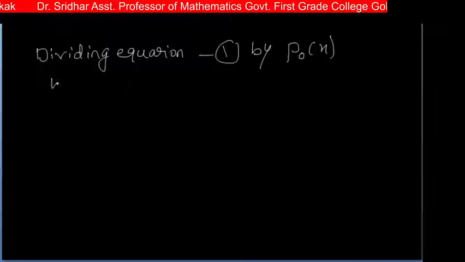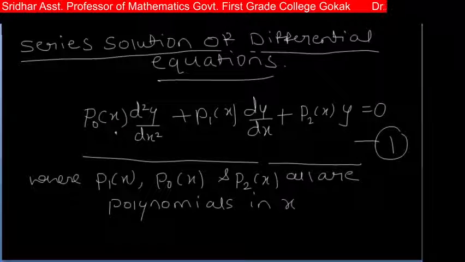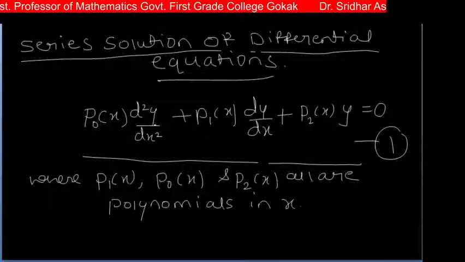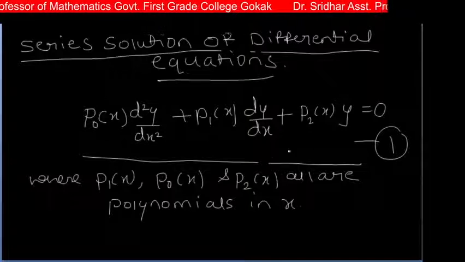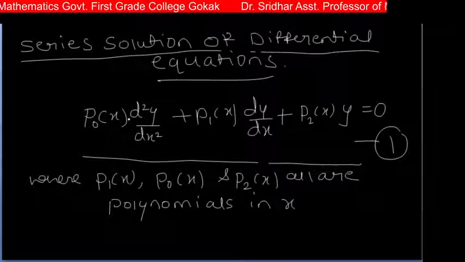So here this is equation 1, and we divide this whole equation by P0 of x, right?